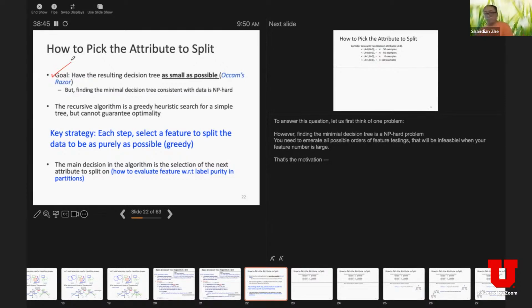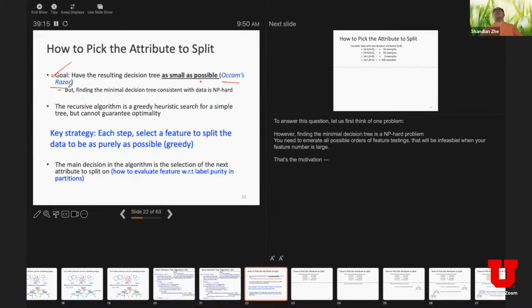Why should we choose this goal? Because it respects the so-called Occam's razor principle. What does Occam's razor principle mean? For the same data set, you might have 10 models to explain it. In other words, you may have 10 models that match the data very well. Now you want to pick one of them.